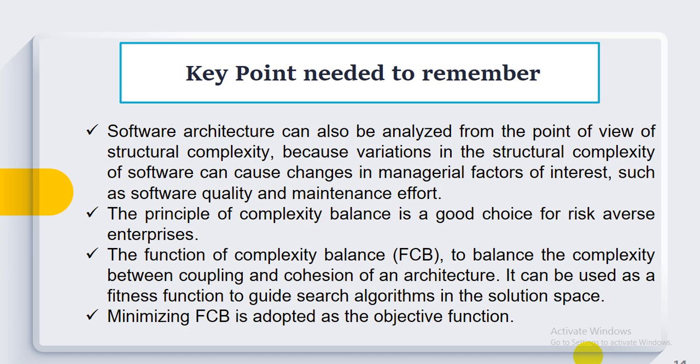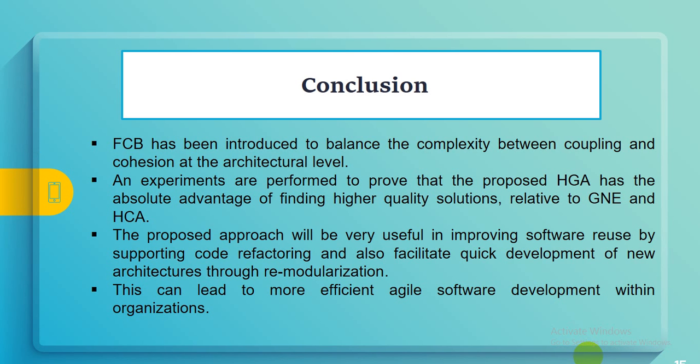The principle of complexity balance is a good choice for a risk averse enterprise. The function of complexity balance is to balance the complexity between coupling and cohesion of the architecture. It can be used as a fitness function to guide the search algorithm in the solution space. Minimizing FCP is adopted as the objective function.